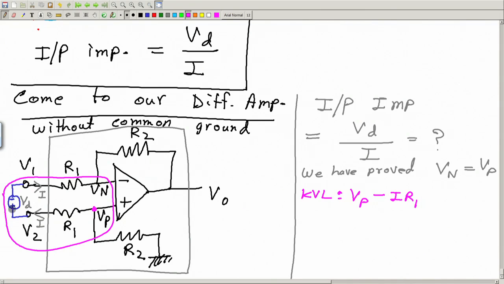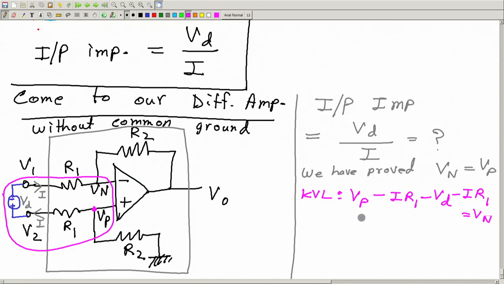Then another drop, because plus side is here, minus side is here, so this is another drop whose magnitude is Vd, so minus Vd. Then here another drop, minus IR1. So this will be the potential Vn. So Vp minus this drop minus this drop minus this drop is Vn, right?